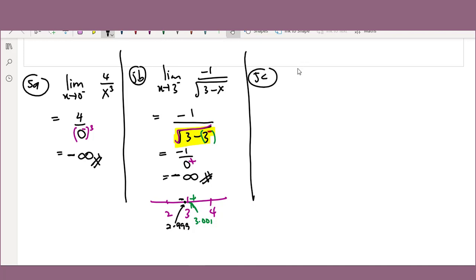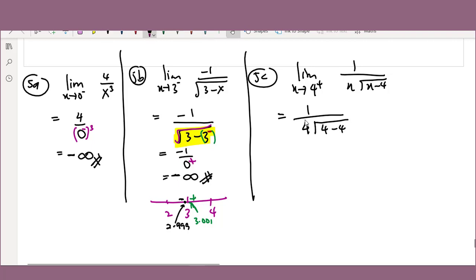5c, limit of 1 over cube root of x minus 4 as x approaches 4 from right. Substitute: 4 minus 4, where this 4 is from right.